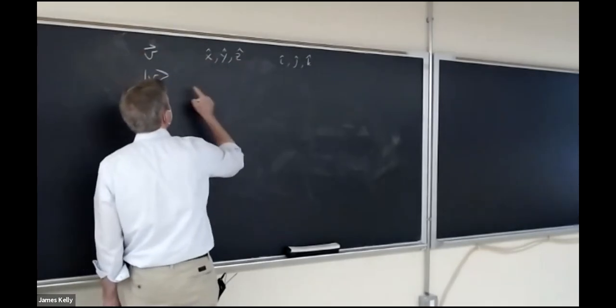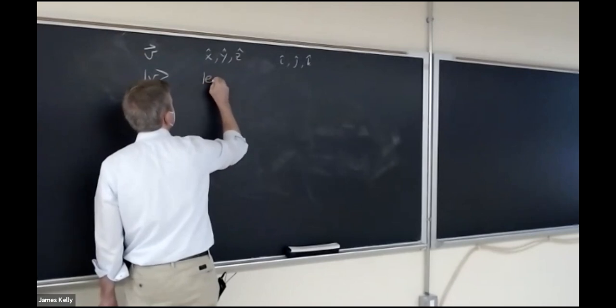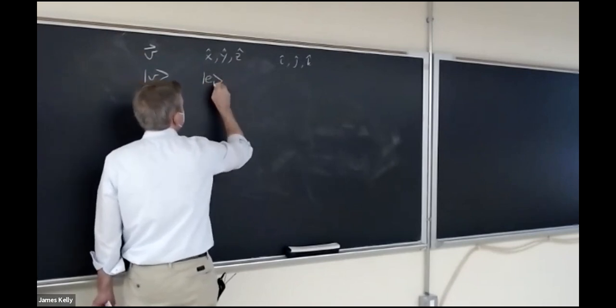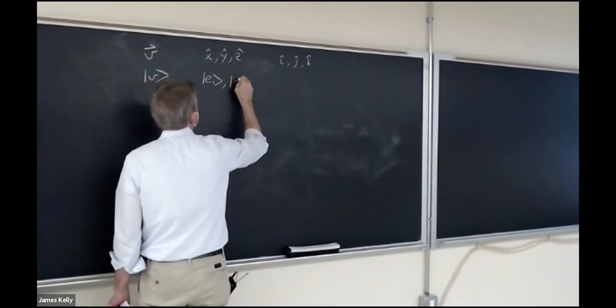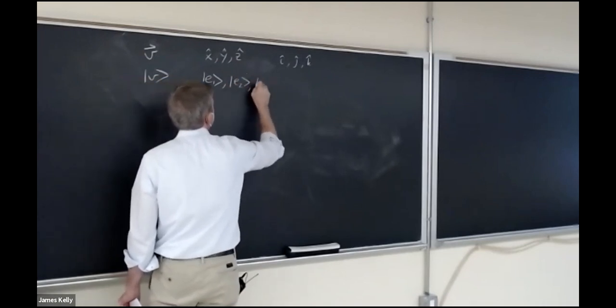So if we were in a three-dimensional vector space, I might denote the basis vectors like this: E1, E2, and E3.